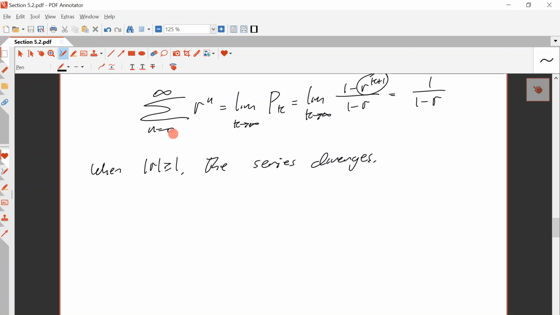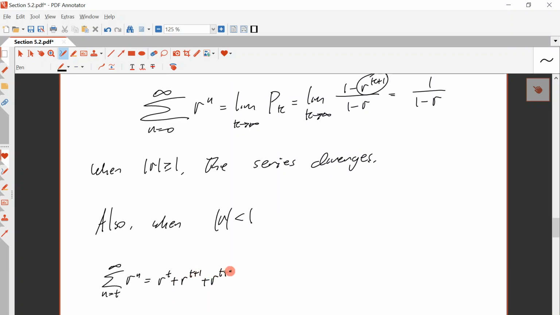Right, for the geometric series that starts at n equal to t, also when the absolute value of r is less than 1, the sum from n equals t to infinity of r to the n is equal to, well, it starts at r to the t plus r to the t plus 1 plus r to the t plus 2, an infinite series like that.